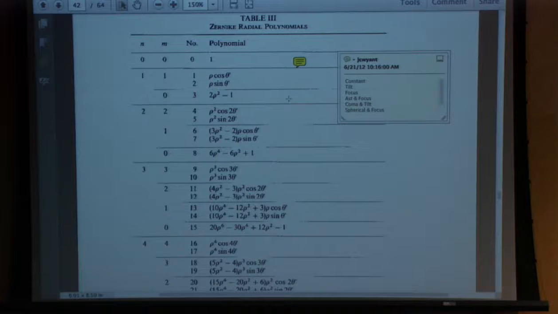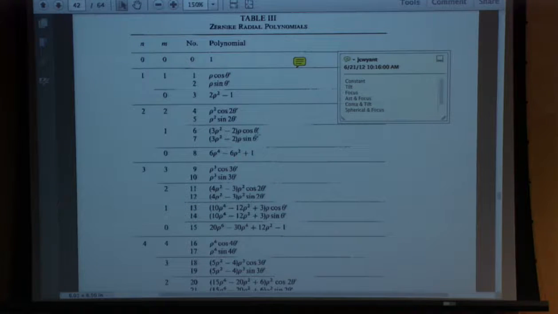Then the next two, 6 and 7 here, 3 rho squared minus 2 rho cosine theta, and then same thing but sine theta. That's a coma and a tilt. Okay? And so again, the tilt's added to make it orthogonal.